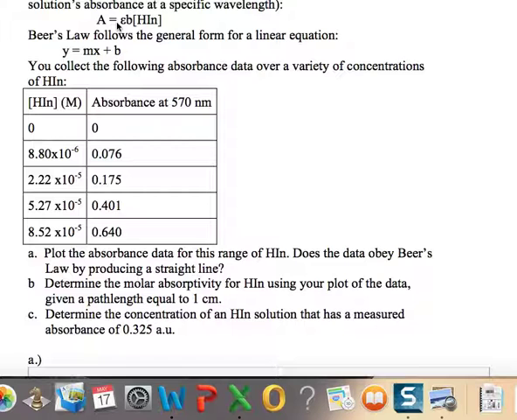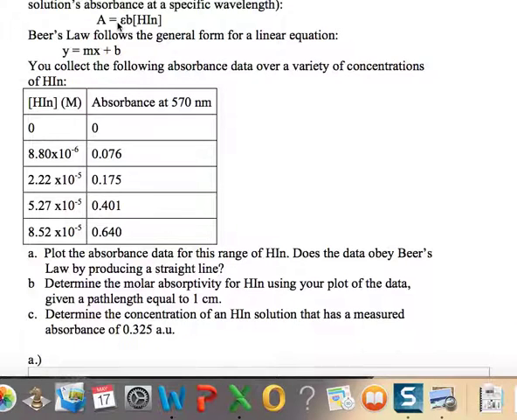Secondly, we want to determine the molar absorptivity, the epsilon, for this particular species, HIN, using the plot of our data, given that we have a path length, or B, that's equal to 1 centimeter. And third, we want to determine the concentration of an indicator solution that we've measured the absorbance for of 0.325 absorbance units, but we want to know what the concentration is.